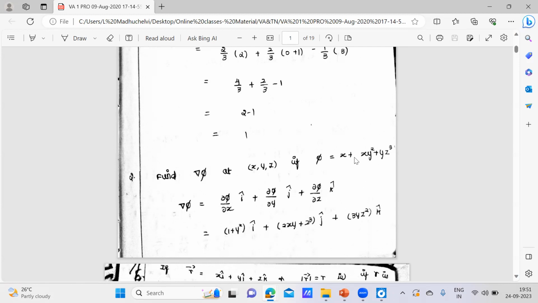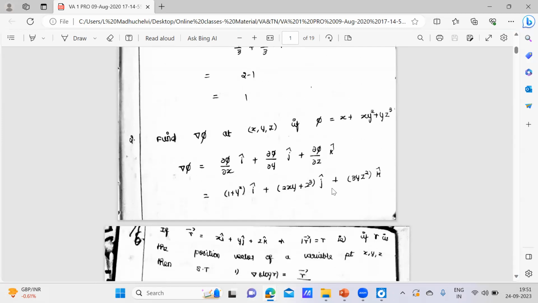With respect to y, if you differentiate, we get (2xy plus z cubed) j, plus with respect to z, we get 3yz squared k. So del phi at (x, y, z) is (1 plus y squared) i plus (2xy plus z cubed) j plus 3yz squared k.